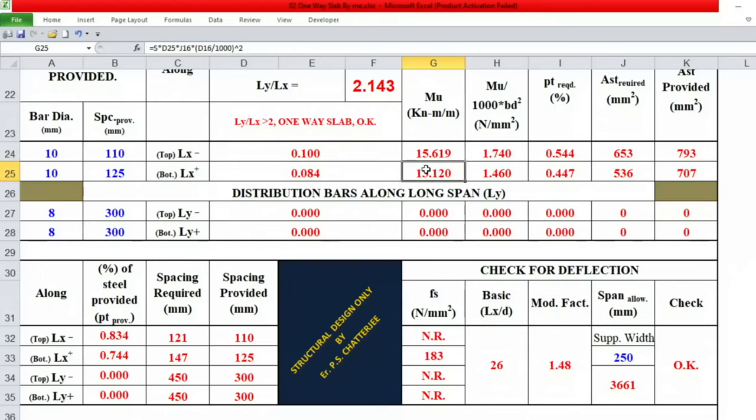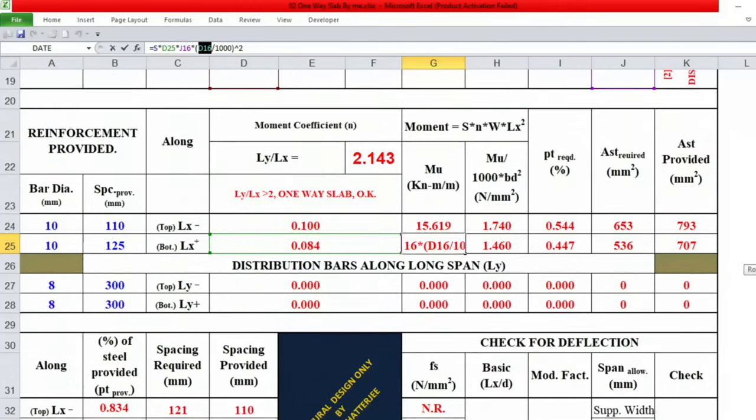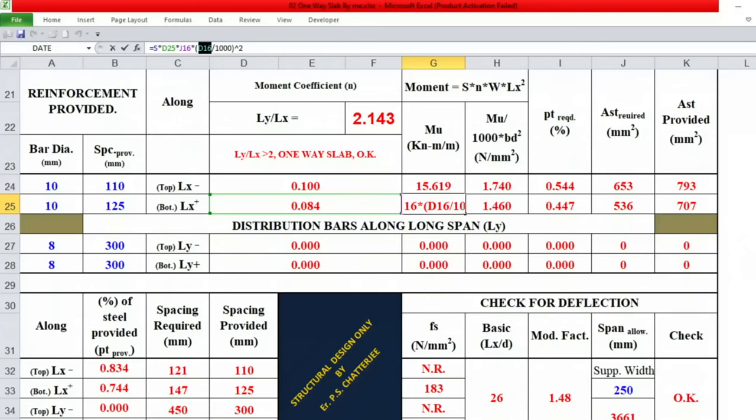Similarly, for the long direction, partial factor of safety, total load into this value, that is D16 is equal to Lx. This is sagging moment, this is hogging moment.